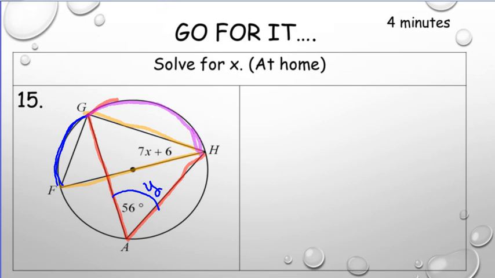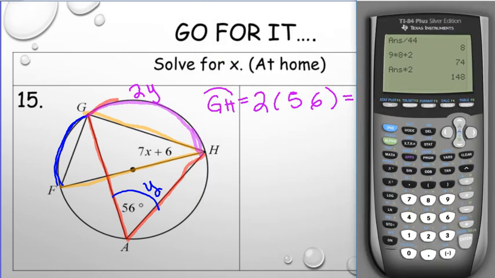This out here is going to be 2 of whatever the angle is, 2y. So then if this is 56 and I take 2 of those, then 2 times 56 would give me arc GH. So let me grab the calculator.